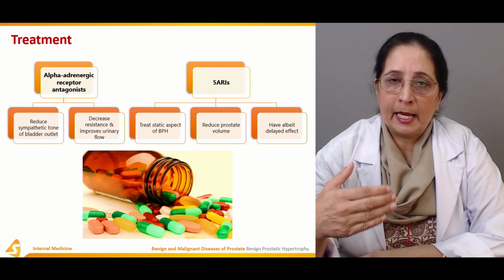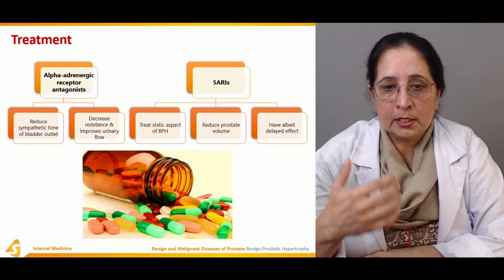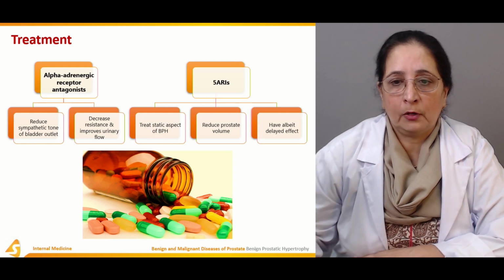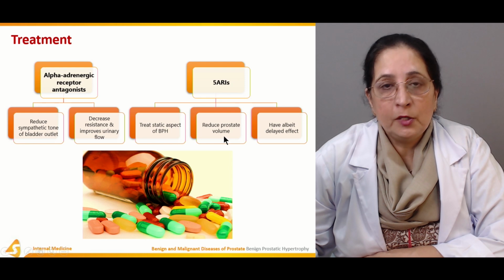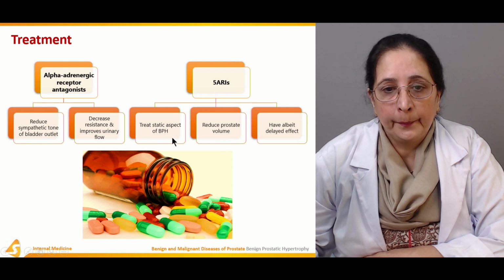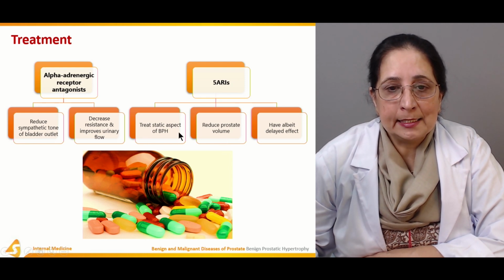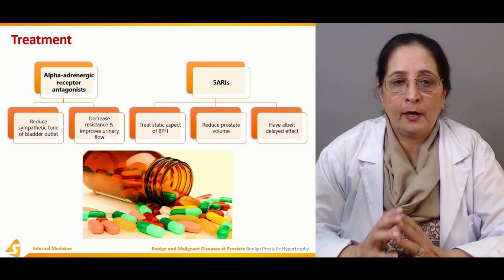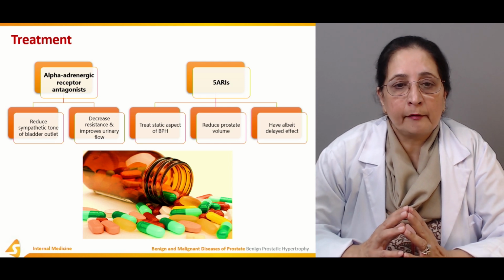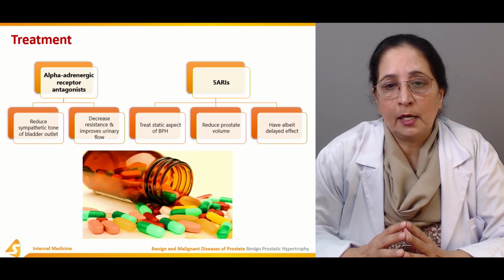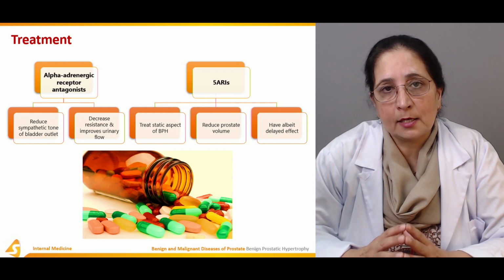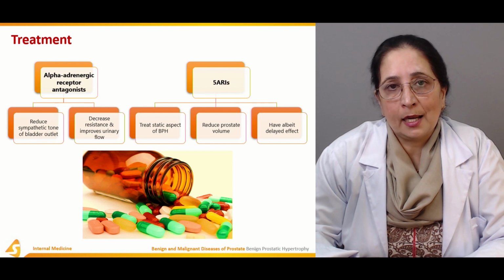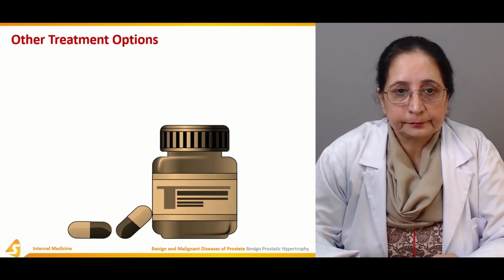So these drugs have a delayed effect. A lot of people noticed that they have a delayed effect. They reduce the prostate volume and treat the static aspect of benign prostate hypertrophy. So alpha adrenergic receptor antagonists and 5-alpha reductase inhibitors are used for the treatment of benign prostate hypertrophy.